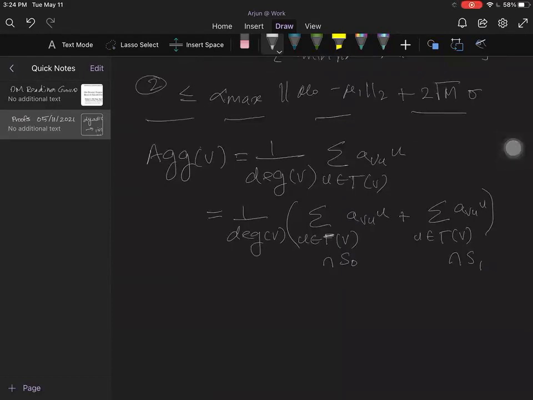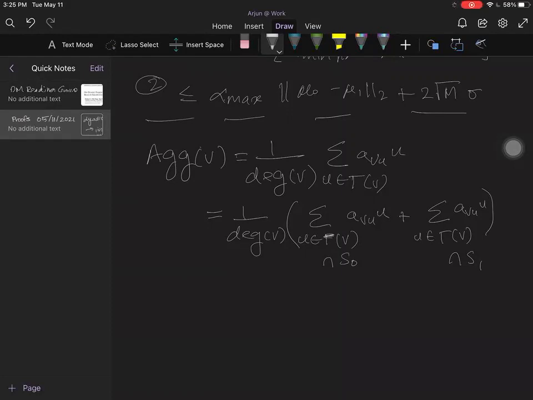Every node belongs to either S0 or S1, so this is basically a disjoint set, and the union is going to be omega, every single node in the graph. So this is a valid breakup of the sum.